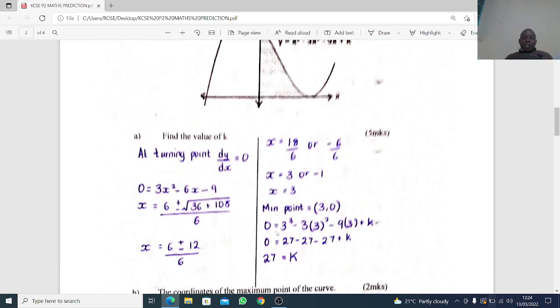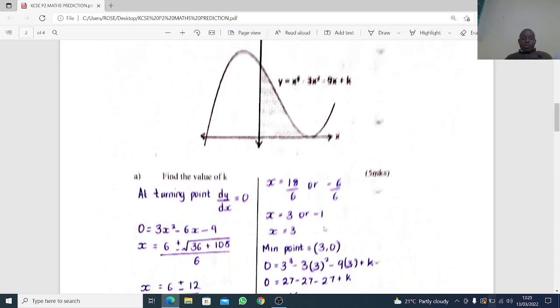So we substitute to find the value of k. We know that y is 0, and we substitute the value of x as 3 into the original equation, y equals x cubed minus 3x squared minus 9x plus k.